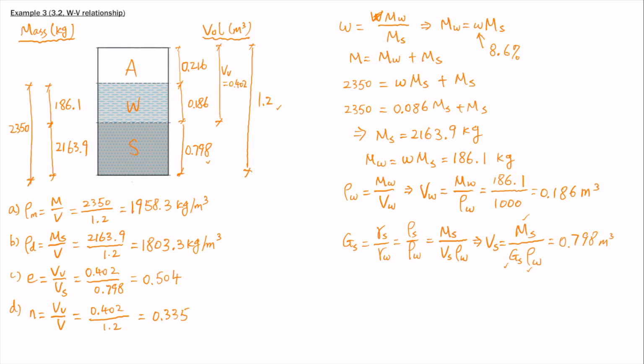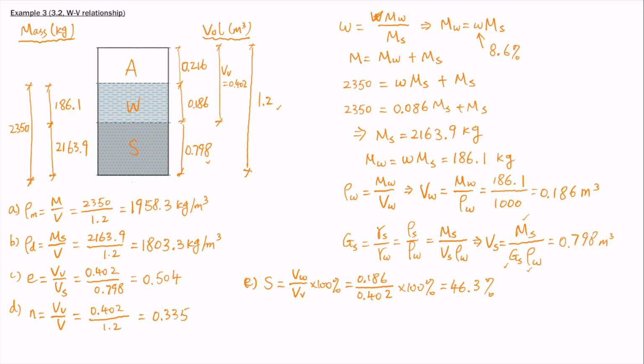And part E, degree of saturation, is volume of water over volume of voids times 100%. So that is 0.186 over 0.402 times 100%. So the degree of saturation is 46.3%.